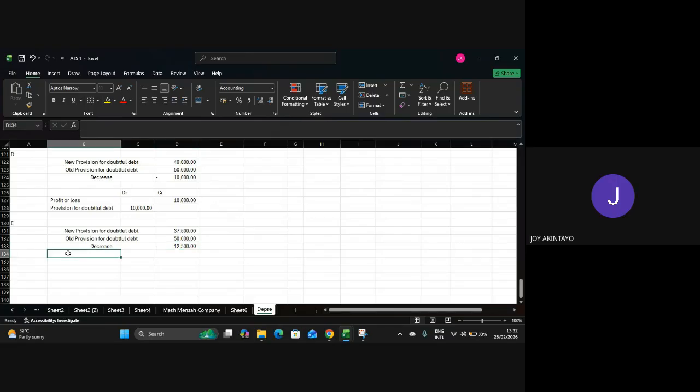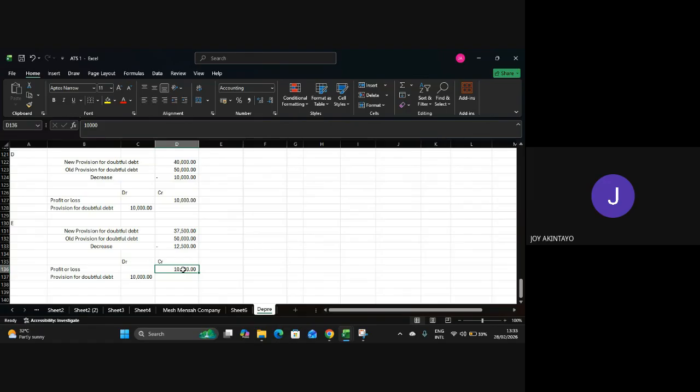Then the treatment will just be so. You know, when we have a decrease, it is an income to us, yes or no? It is an income to us.